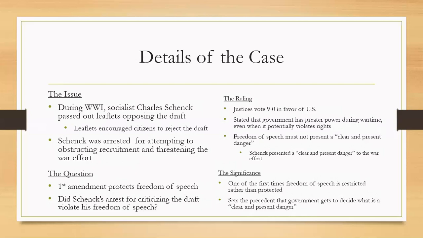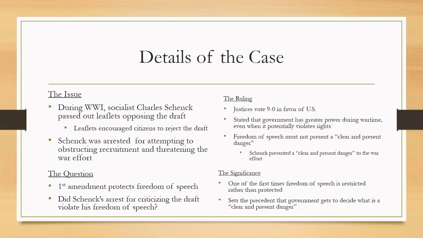And their reasoning was that during wartime, the government has greater powers, and in particular, they have greater powers even when it means violating rights. And when it comes to freedom of speech, they argued that there has always been, since the very beginning, the check for a clear and present danger. The idea that you cannot run into a crowded movie theater and shout fire, because that creates a clear and present danger to the people there, because they might panic, they might trample one another as they try and get out of the theater.